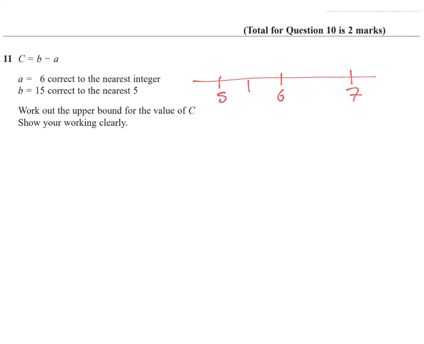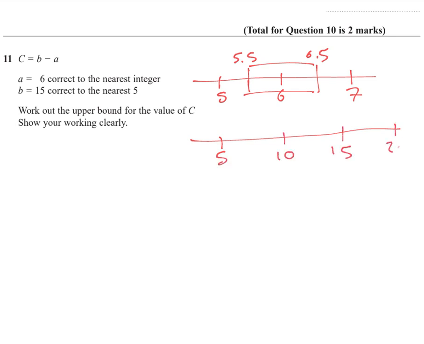So that is the possible range it could be, so 5.5 up to 6.5, and 15 correct to the nearest 5, so let's write down the nearest 5, so that's 5, 10, 15, 20, and it's 15 to the nearest 5. So it's there, so it's halfway between, which is 12.5 to 17.5.